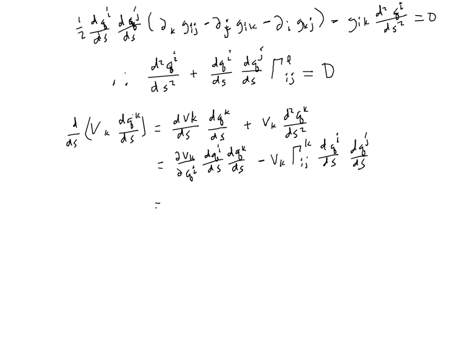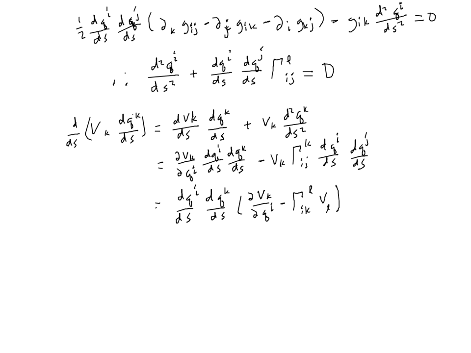So we may have to just do a change of variables, and we could see that this is just dq^i/ds dq^k/ds times partial v_k partial q^i minus the Christoffel symbol.